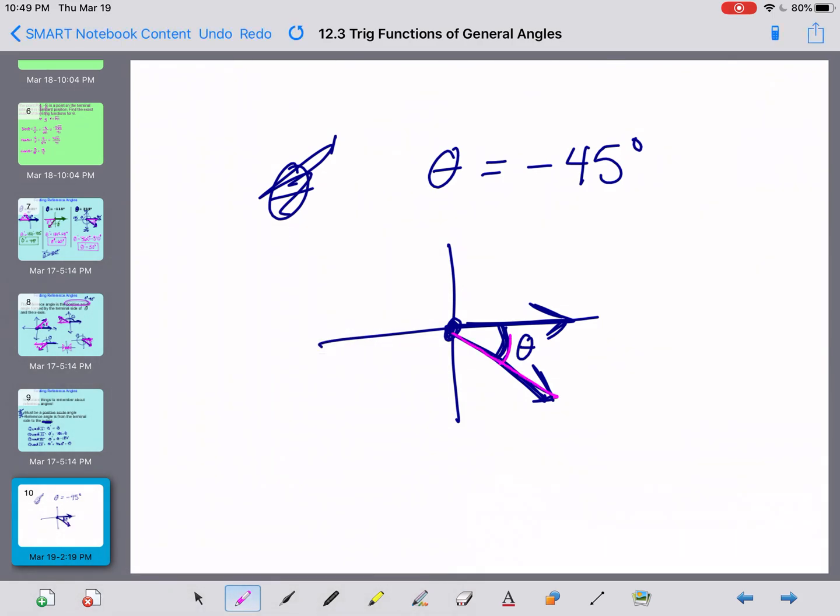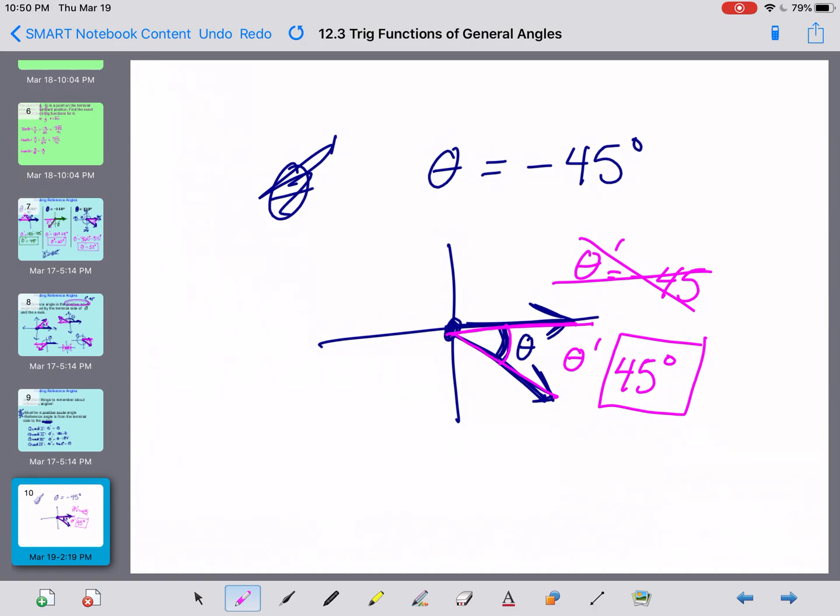Go to the nearest x-axis. This is your theta prime here in pink. Here, your theta and your theta prime are pretty much the same thing, but it's 45 degrees. The common mistake is to say negative 45 degrees. Remember, it has to be a positive acute angle. If you say negative 45 degrees for your reference angle, big red flag, because it cannot be a negative answer.